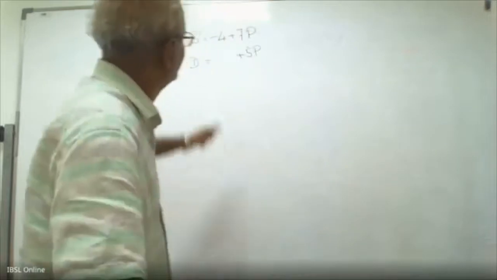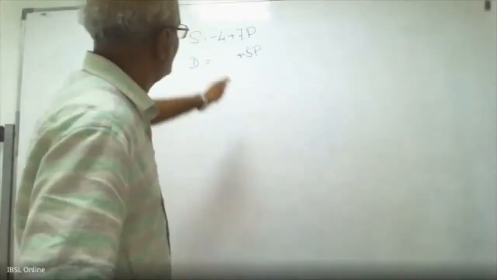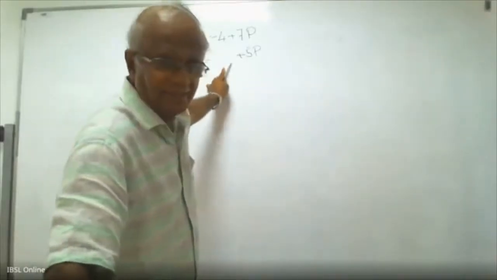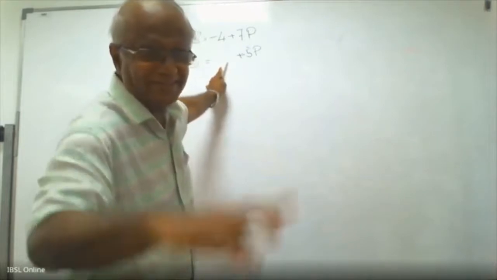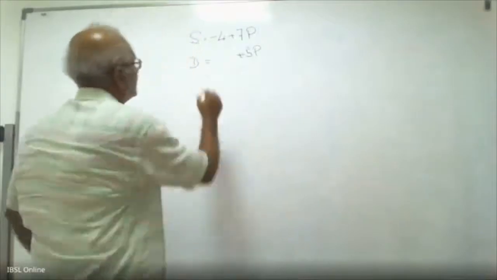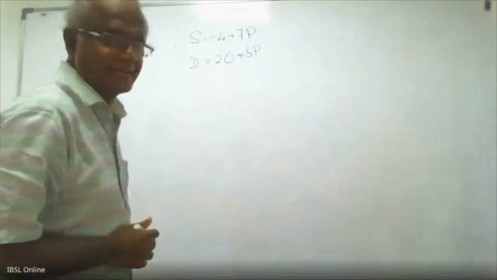Formula is there. Minus 4 is supply. Demand? 20. Right, 20, correct. Supply curve and the demand curve.